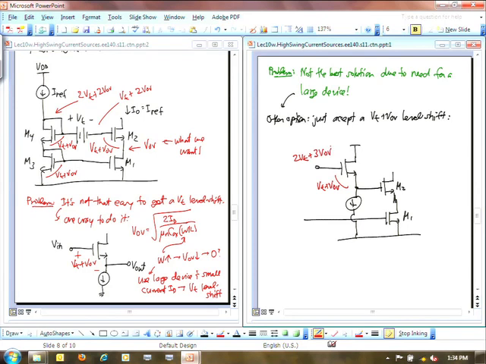Because if I'm able to create 2 VT plus 3 VOV here, and this is where my work is going to have to be, then at this node I'll suddenly have a VT plus 2 VOV, and when that gets level shifted VT plus VOV, I end up with the VOV that I want. Okay? This seems like it's going to be a little more complicated, but it's actually not that hard to do. And it has to do with how we design this side here.